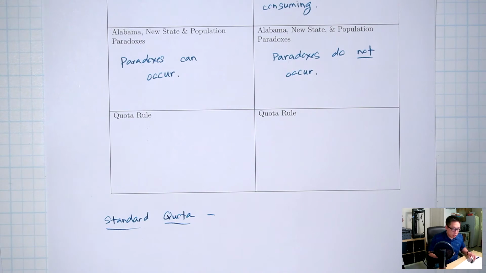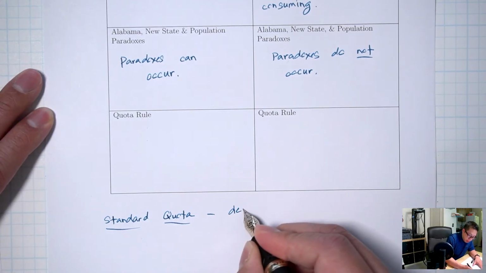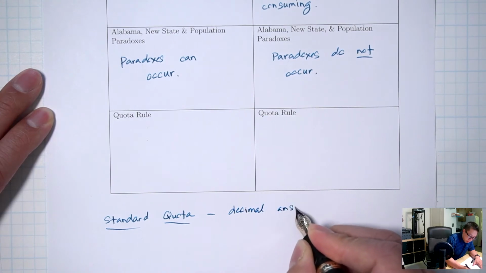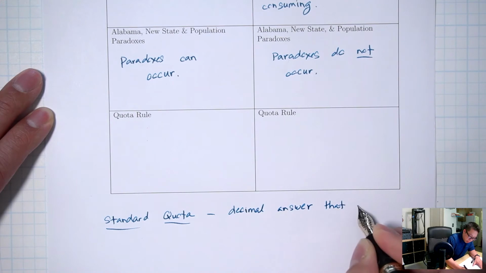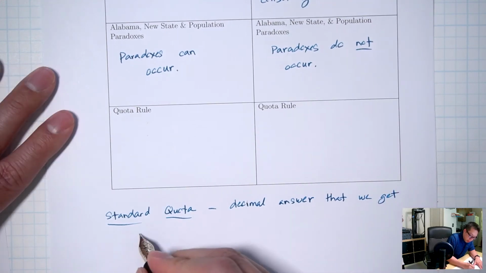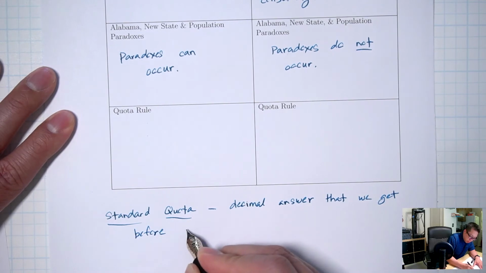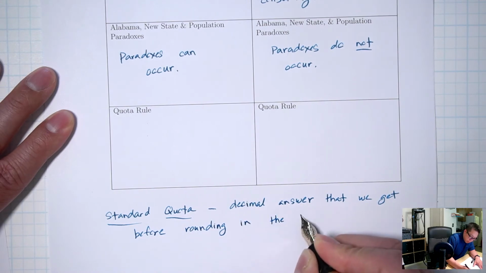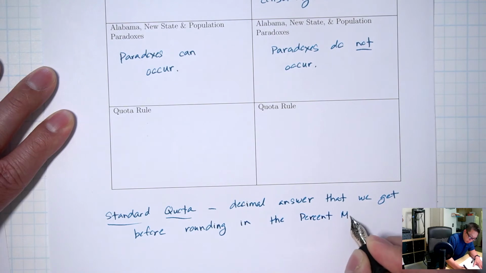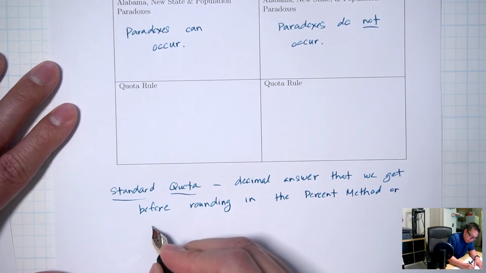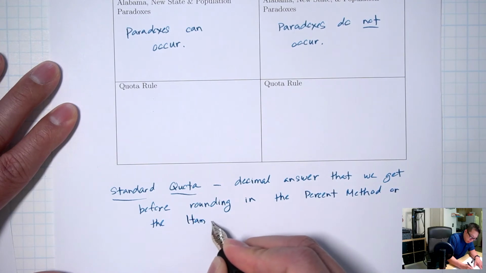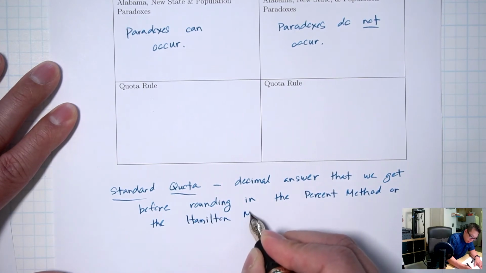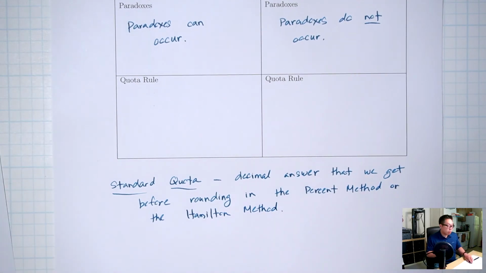So the standard quota is the decimal answer that we get before we round in either the percent method or the Hamilton method. And I'll explain what that is.